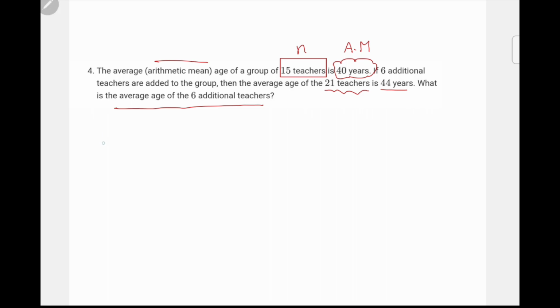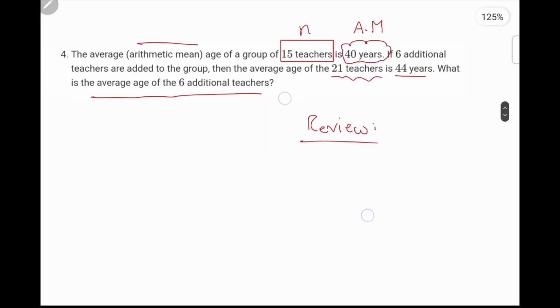So I would like to solve this in details to explain the ideas and the background of it. First of all, what's arithmetic mean? So let's just do a quick review. There's always a key that you need to use to solve this question.